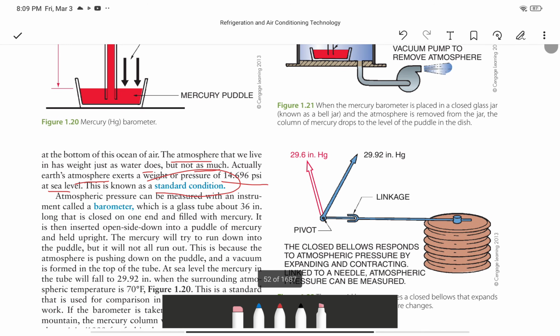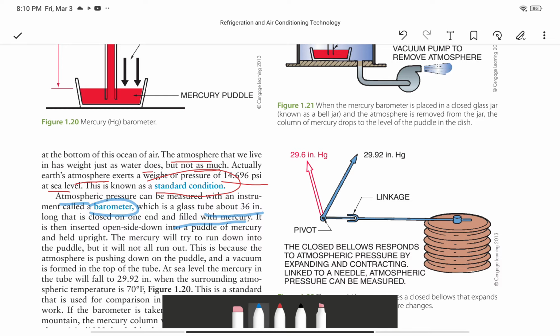The atmospheric pressure we can measure through the instrument called barometer. It is a glass tube 36 inches long, closed at one end and filled with mercury.